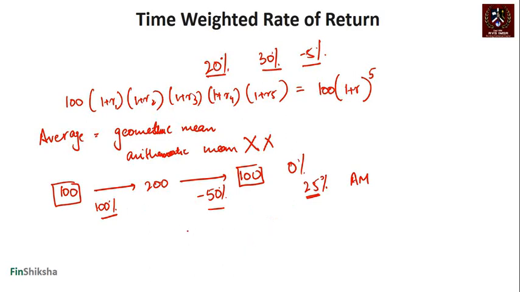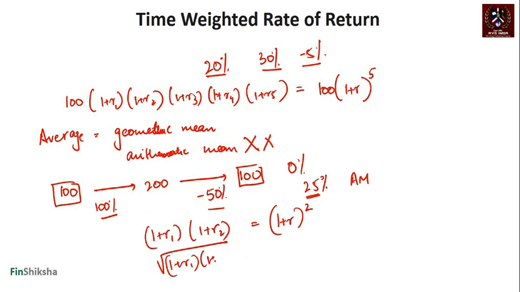So how does the geometric mean work? Geometric mean will say that you made a return in the first year, you made a return on that in the second year, that should be equal to the overall annualized return squared. So it's like the CAGR formula, right? You take the square root of this, 1 plus R1 into 1 plus R2 equals 1 plus R. You take this 1 to the other side, right?